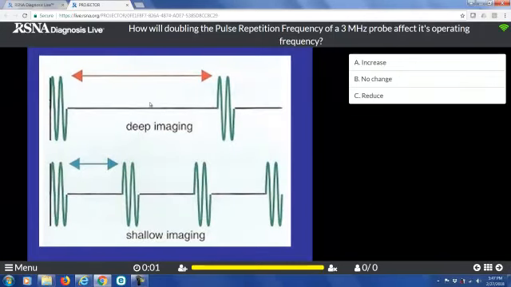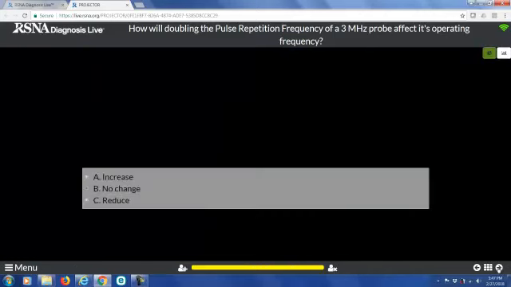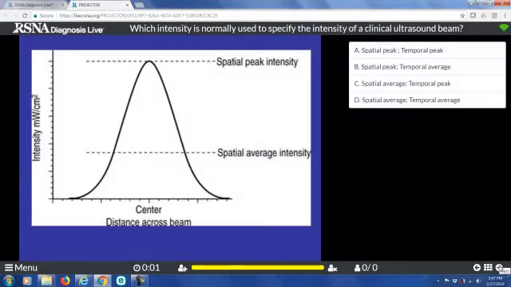And the correct answer is if you increase the pulse repetition frequency, you're essentially reducing the listening interval, but you don't affect the operating frequency. So there is no change. It is a reduction in imaging depth because you're sending out more pulses, therefore listening for a shorter time. And so the correct answer is no change.